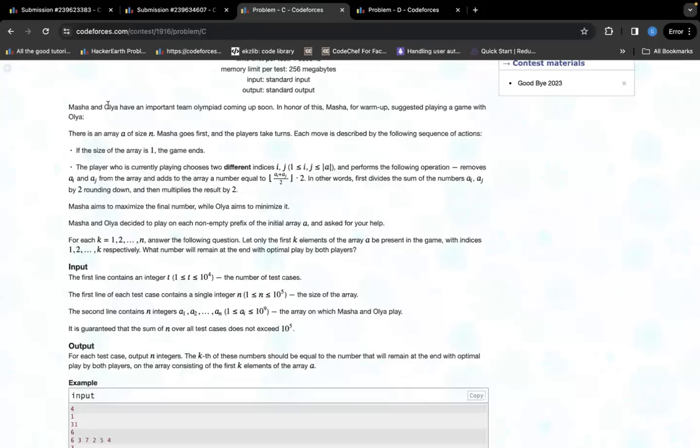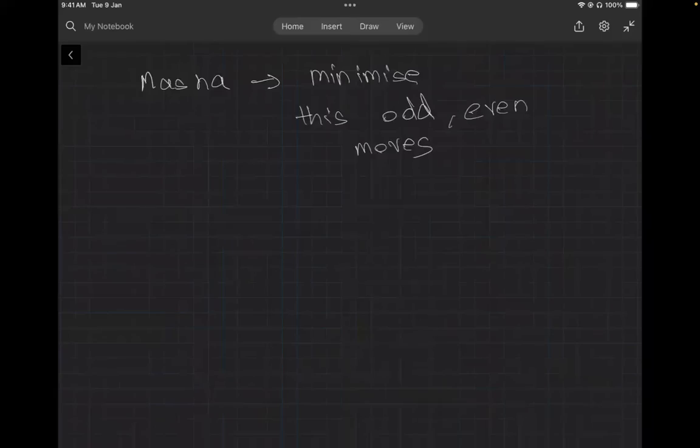She has to not allow Olia to do a lot of these odd-even moves, because if she doesn't allow the other person to do a lot of odd-even moves, her sum increases by itself. Isn't it true? Before that, I wanted to ask you guys, the problem statement is clear, right? You understood what the problem statement asks, right? Now is this much clear? For Masha, her job is that she has to minimize this odd-even type of moves.